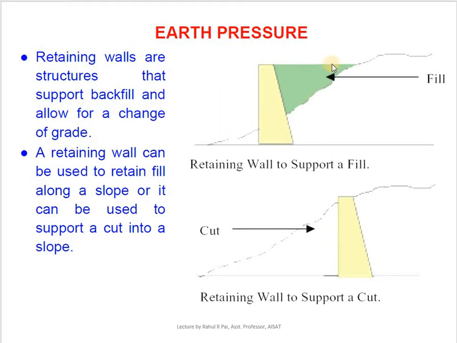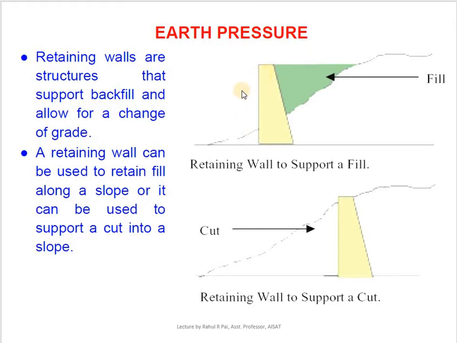Also here in this figure you can see, let us consider this is hilly terrain, and you want to construct a road nearby, or you are extending and you need a plain surface here. So you fill this plain surface with some backfill soil, and now for this fill, either you can maintain a slope or you can construct this retaining wall.